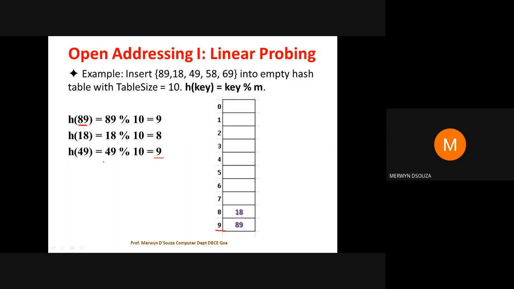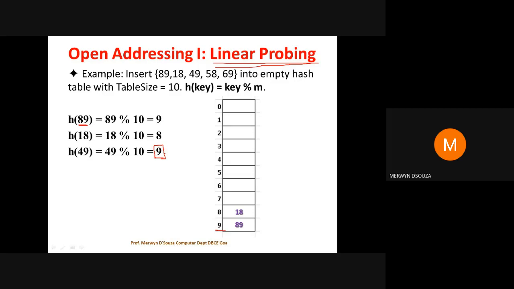The moment a collision happens, we need to apply some collision resolution technique. So we are going to apply linear probing to find a slot for 49, since its original hash position is full.